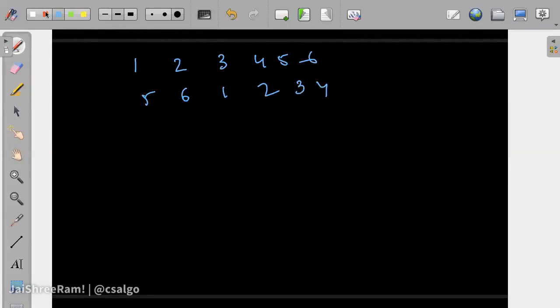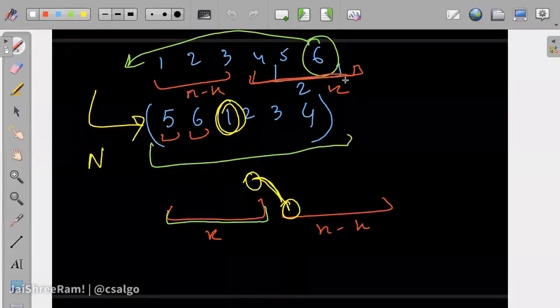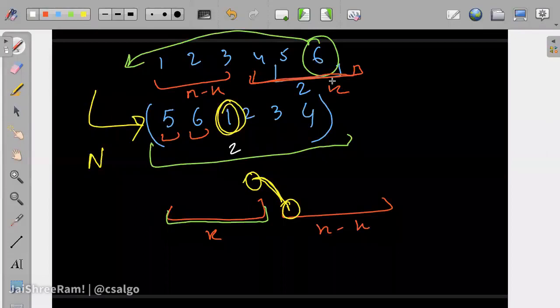So now we want to search what is the index of the smallest element in this particular array. If we can find that, then we are done with the problem, right? Because if this is at 2, then we know that we have rotated it by 2 values. Is this clear to everyone? If the smallest element is at index 2, then we know that the array has been rotated by 2 values. Is everyone clear with this?